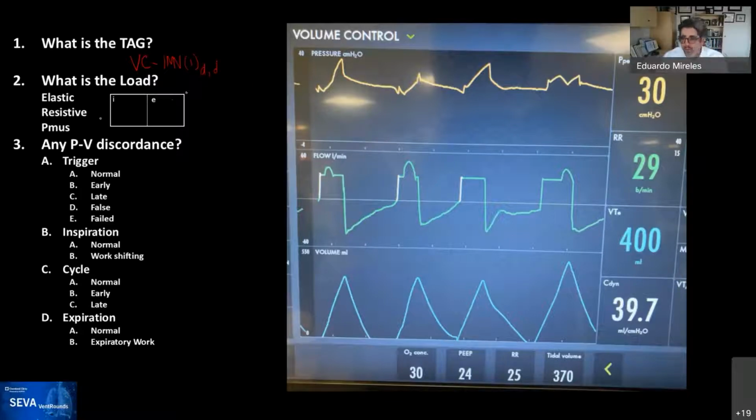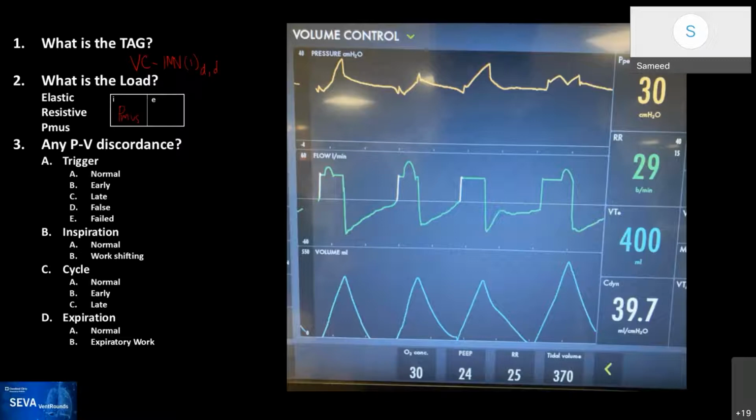What is the load? Looking at it, I think the load in inspiration seems to be a Pmus, at least 3 out of the 4 breaths, with this sort of hump which I am seeing in the inspiratory flow, showing the patient's effort, and that would say it's mostly Pmus here.